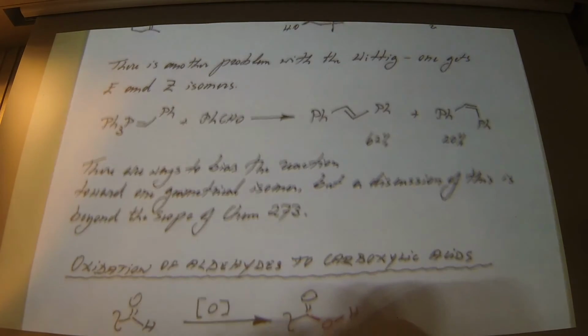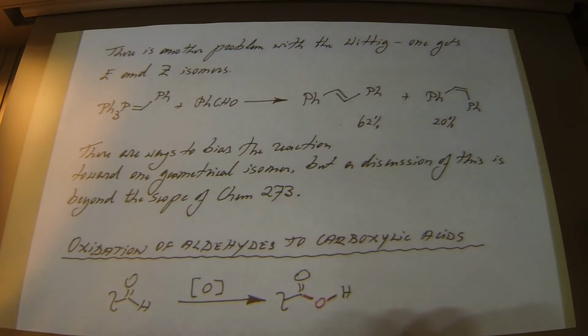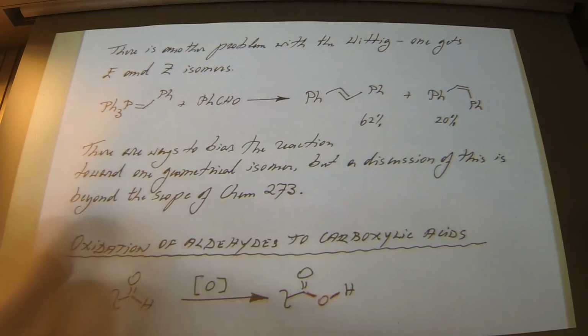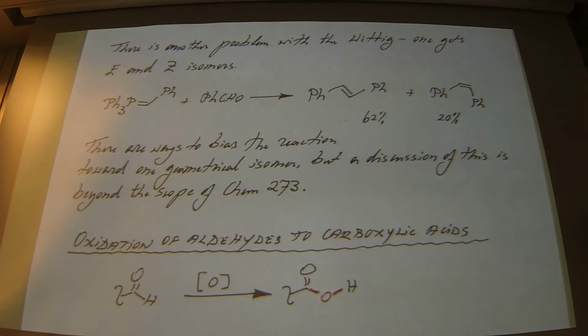Okay, now, so that's a little aside. Now, there's another problem with the Wittig reaction, and that is that it doesn't always give 100% Z product. Usually the product is Z. You get cis 1,2 disubstituted alkenes, but you hardly ever get 100%.